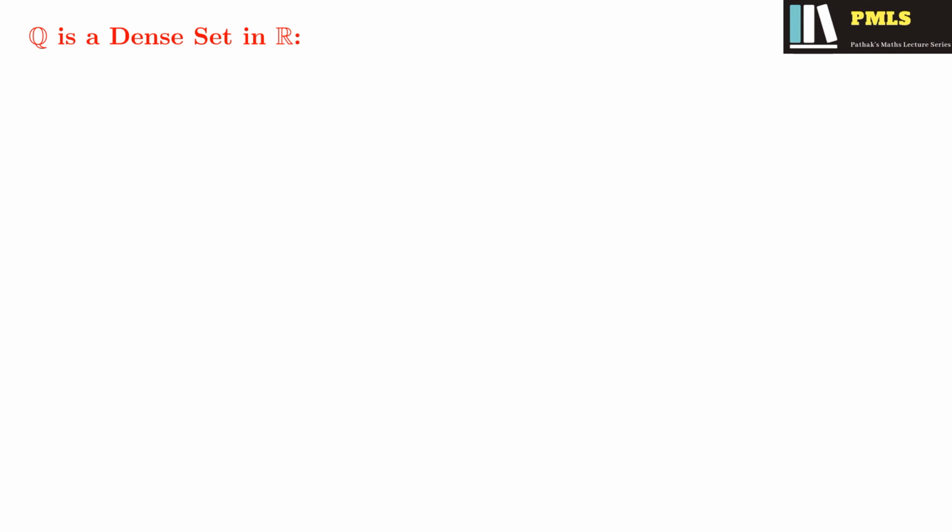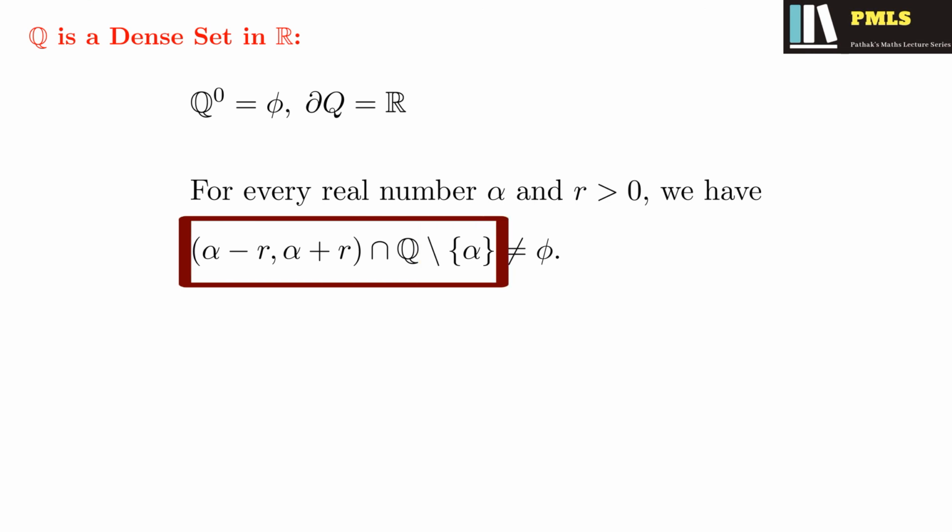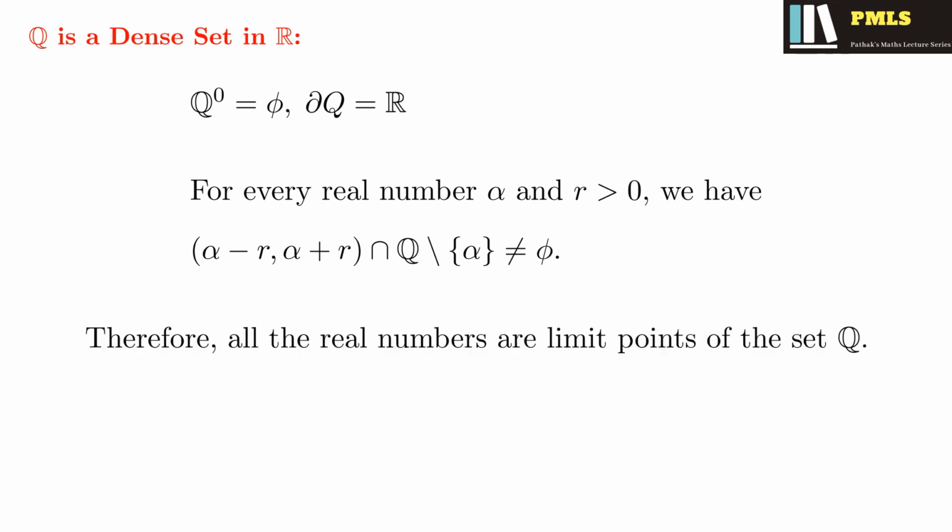In our earlier videos, we have already seen that the interior of Q, that is the set of rational numbers, is empty, whereas the boundary is the full metric space R. We also note that for every real number alpha, the open interval with endpoints alpha minus r and alpha plus r, where r is any positive number, contains infinitely many rational numbers. So, its intersection with Q minus the singleton containing alpha is clearly not empty.